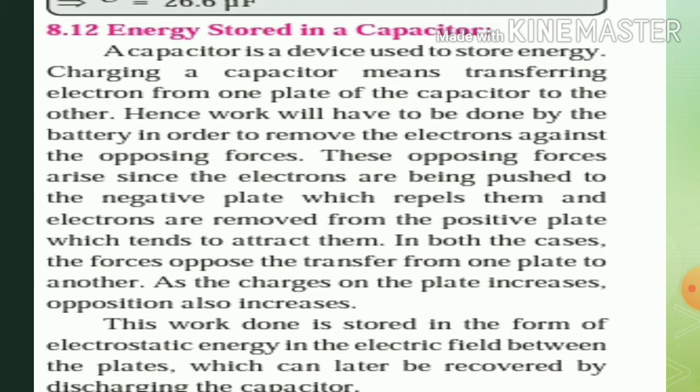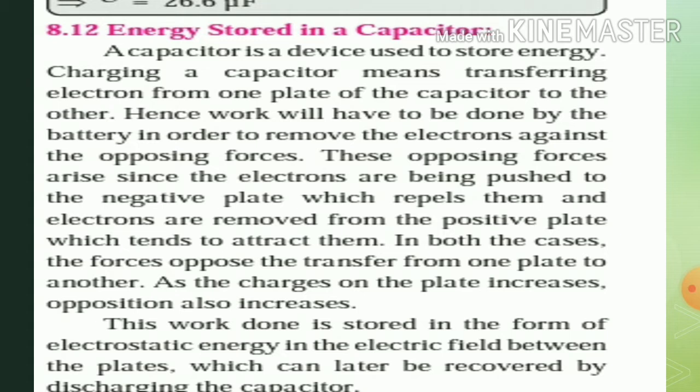As the charge on the plates increases, the opposing forces also increase. Whenever the supply of charge to the plate is increased, the opposition between the first and second plate also increases, because the potential or power supply increases the quantity of charge.